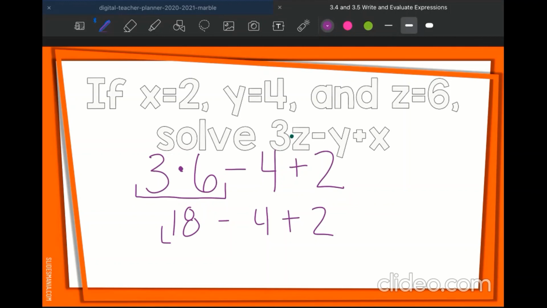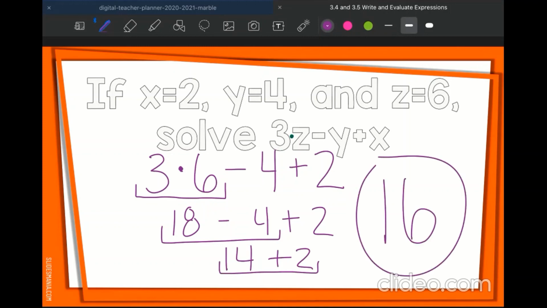So 18 minus 4 is 14 plus 2. So final answer is no. You do them whichever comes first in the problem. So in this problem, the subtraction sign came first, so that's what you do first.